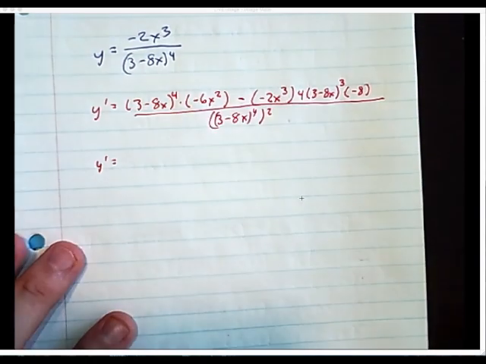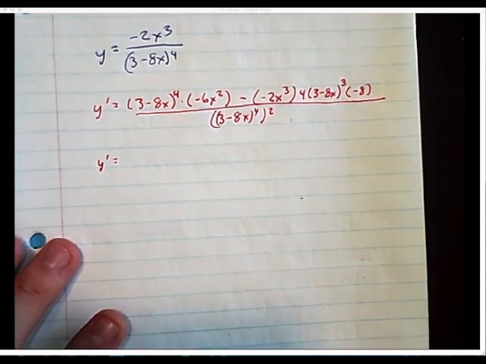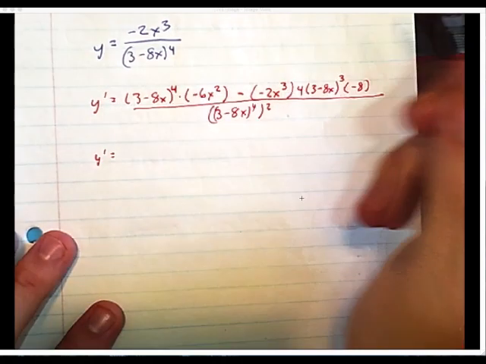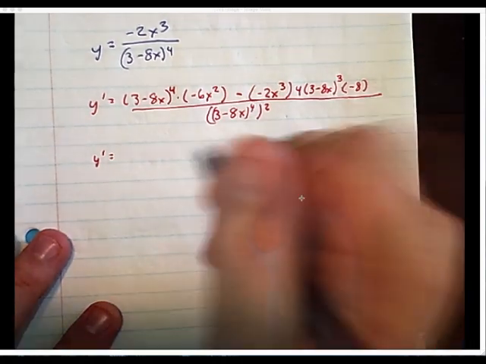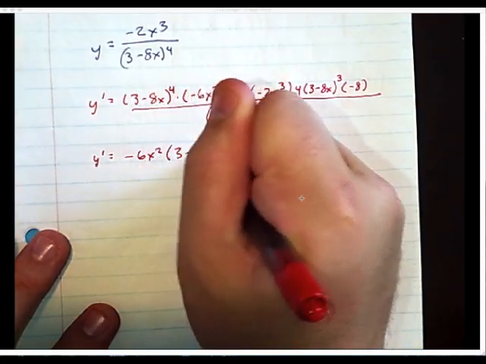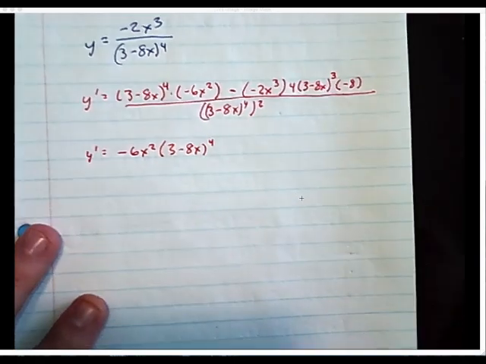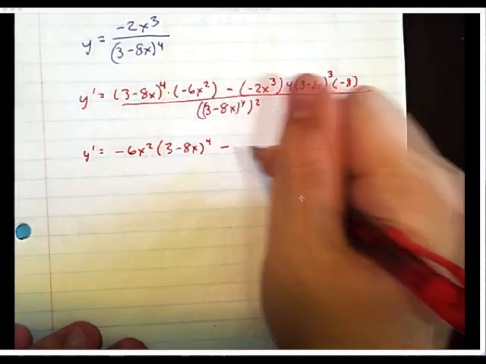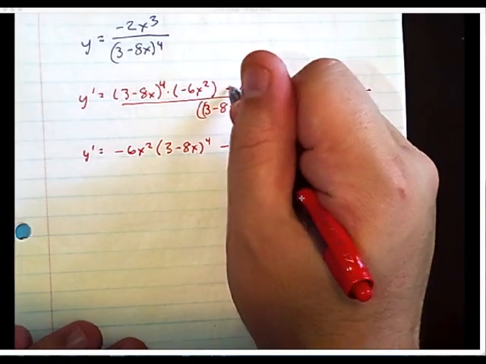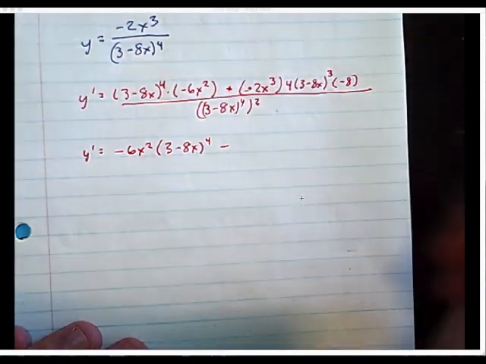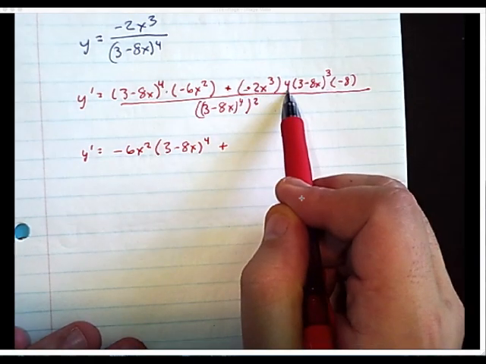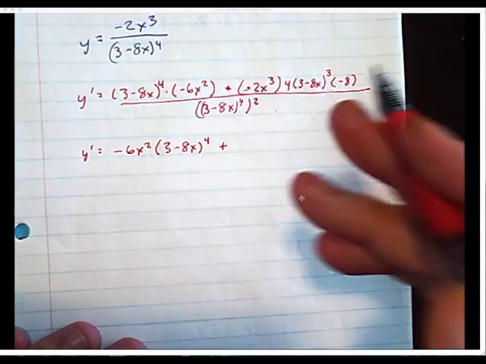Okay. So here, let's just do a little bit. I'm just going to write this as negative 6x squared times 3 minus 8x to the fourth. Minus, actually, you've got two negatives next to each other. Let's just treat these as two positives. So we'll write plus. All right, 2 times 4 is 8, times negative 8 is negative 64.